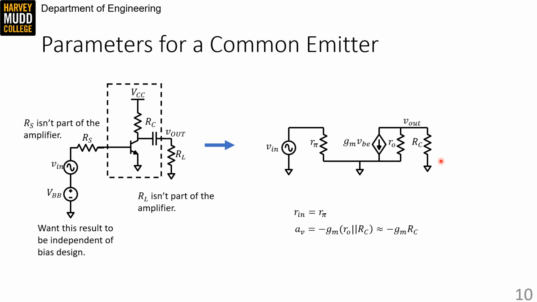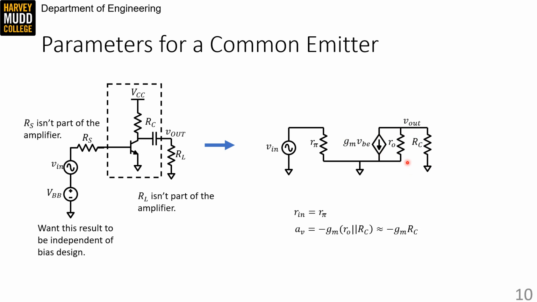The voltage at the output node is given by the current in the dependent source driven through the collection of resistors attached to the output node, which in this case is a parallel combination of Ro and RC. This means the voltage is minus gm vbe to get this current times this resistance, Ro parallel RC.